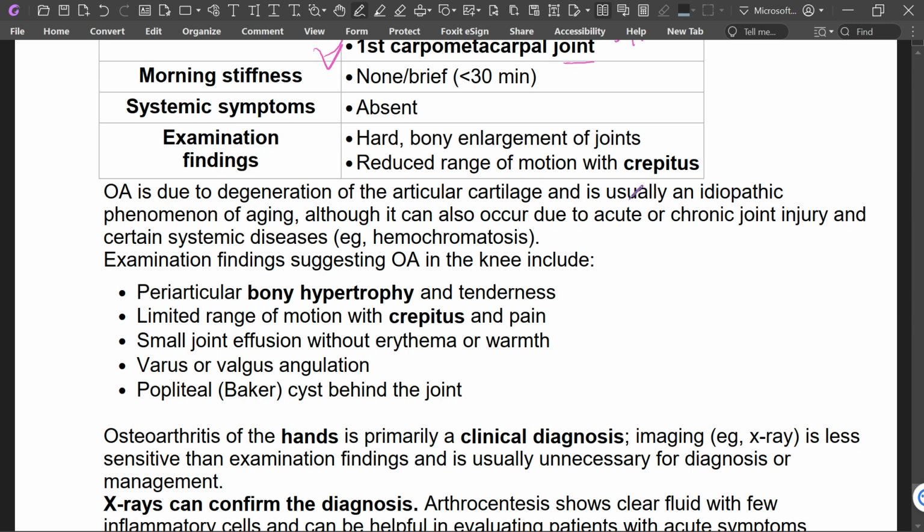Osteoarthritis is due to degeneration of the articular cartilage. It is usually an idiopathic phenomenon of aging, although it can also occur due to acute or chronic joint injury.